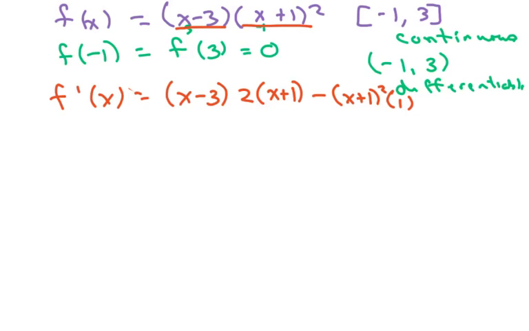And since I have 2 of these x plus 1s, I'm going to factor by grouping and write this as x plus 1 times 2x minus 6 plus x plus 1.